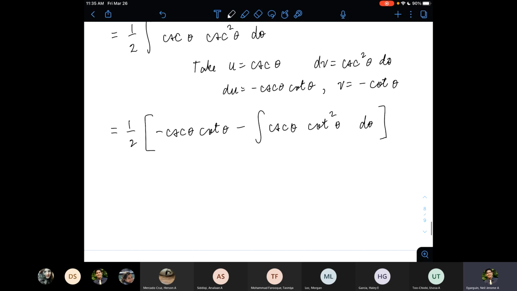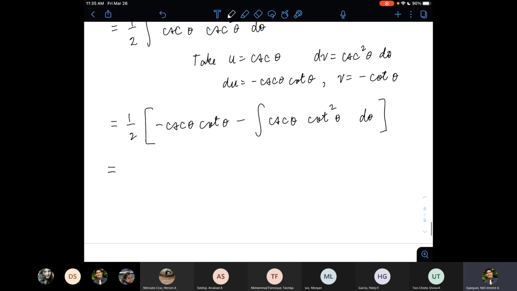Okay, so what I'm thinking here is you're right. That was a big mistake again. So I cannot let u be equal to cosecant because du will be cosecant cotangent. So I guess here I need to go back to this form.